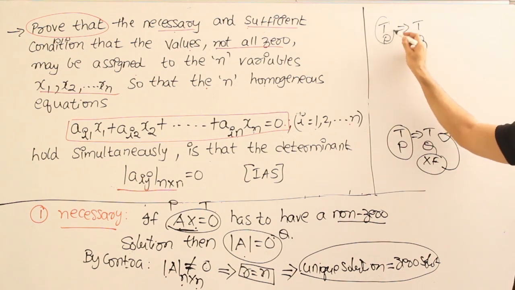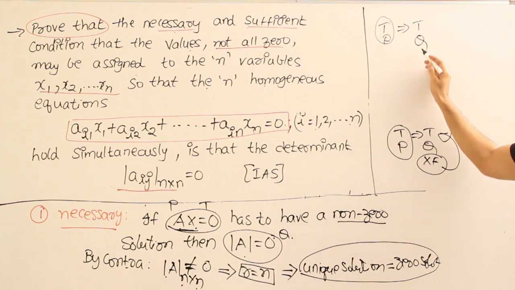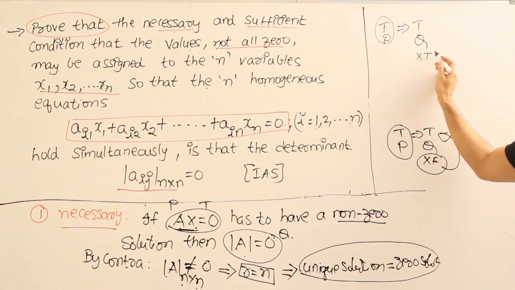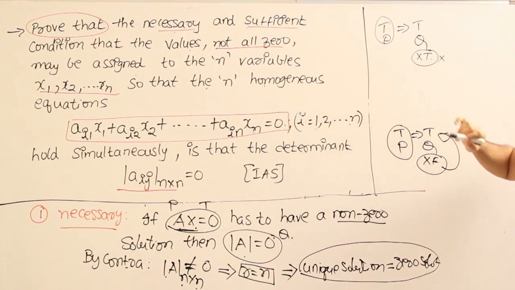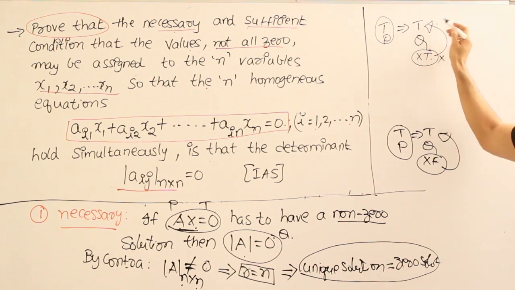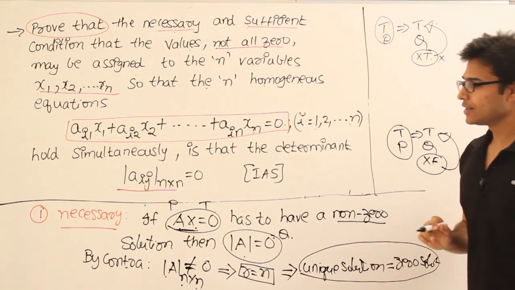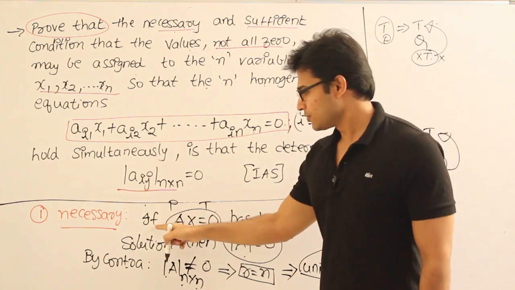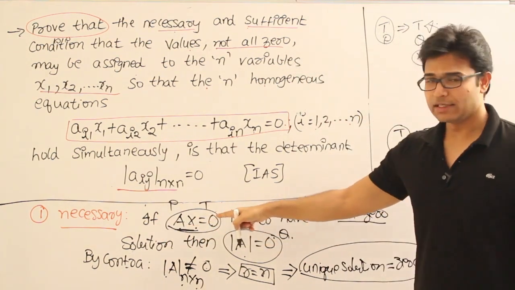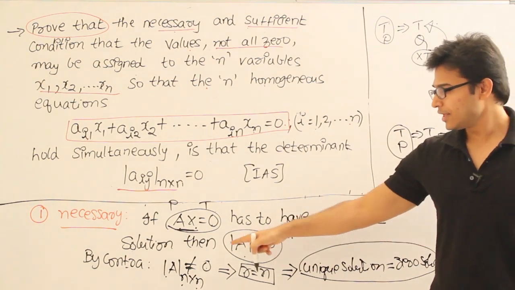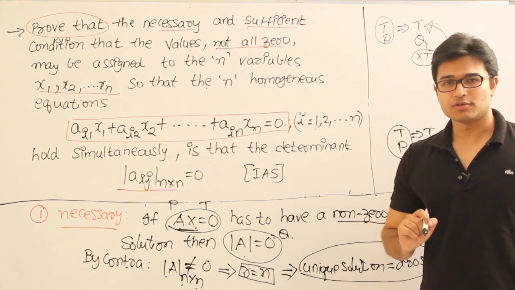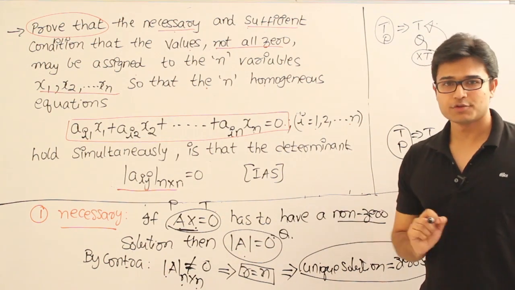I'll assume that P is true, and then assume that Q is not true. Then this turns out to be false, which means Q has to be true. So what are we supposed to prove? If this equation has a non-zero solution, then determinant of A has to be 0. That is what we are supposed to prove.